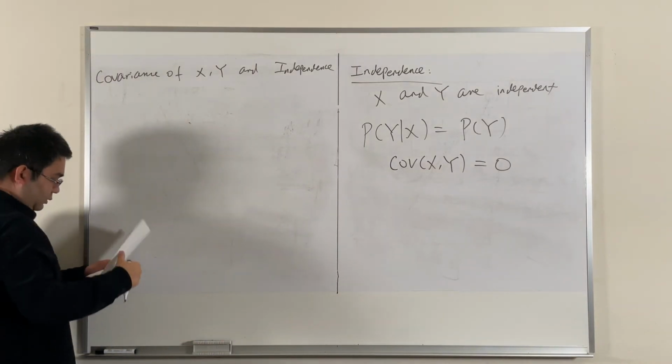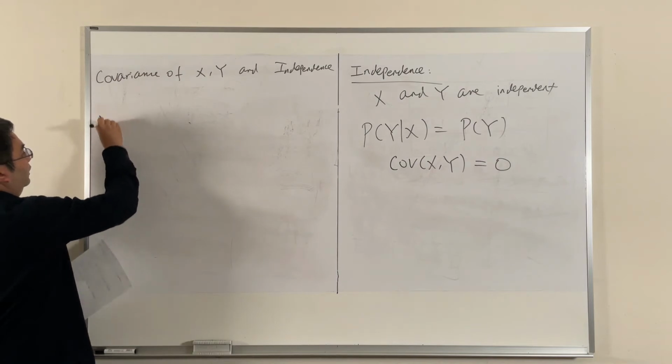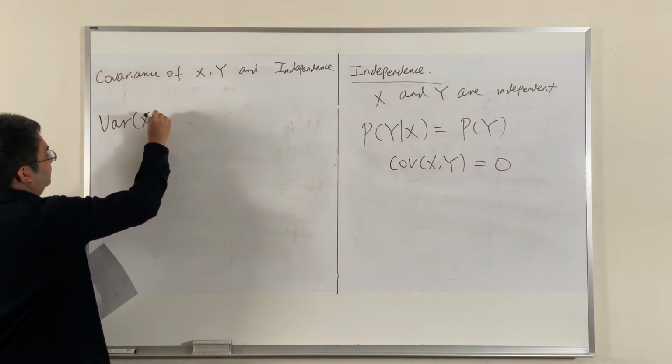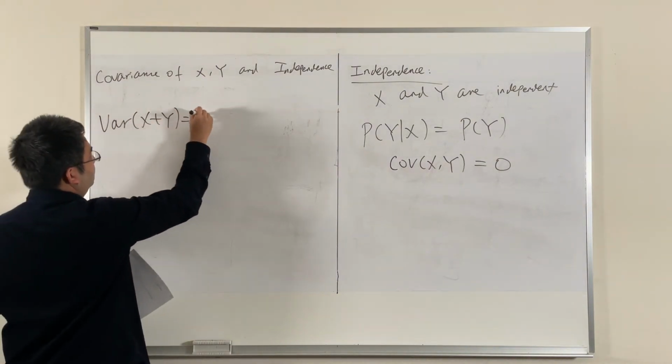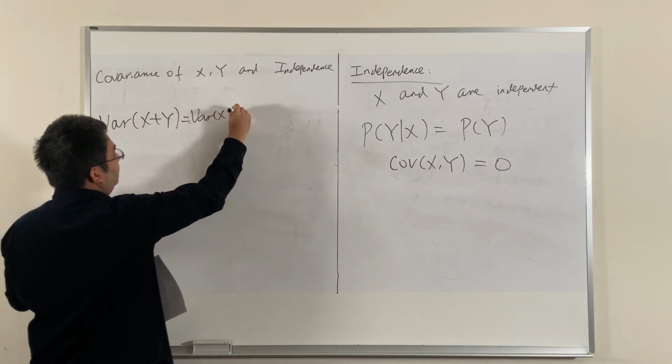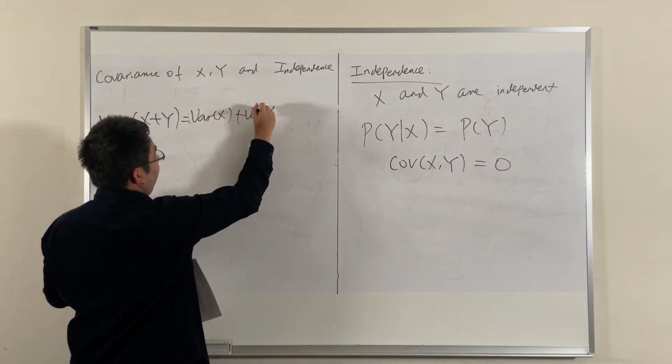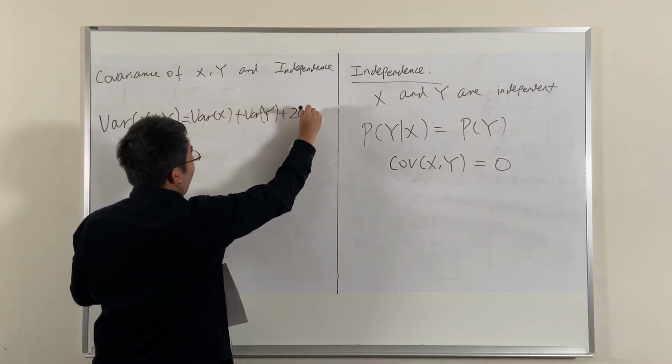Okay, so remember the formula, variance of X plus Y equals variance of X plus variance of Y plus 2 covariance of X and Y.